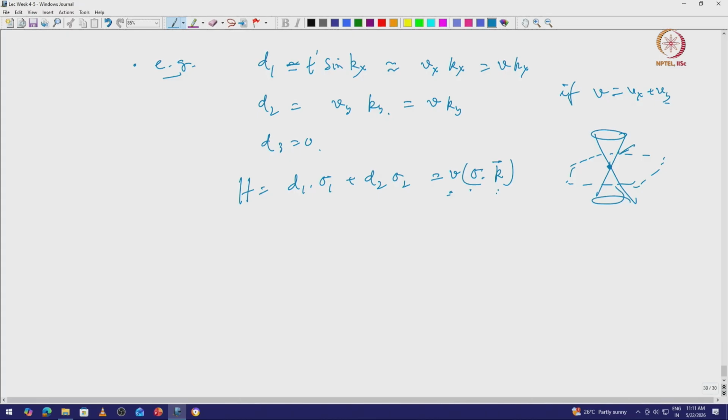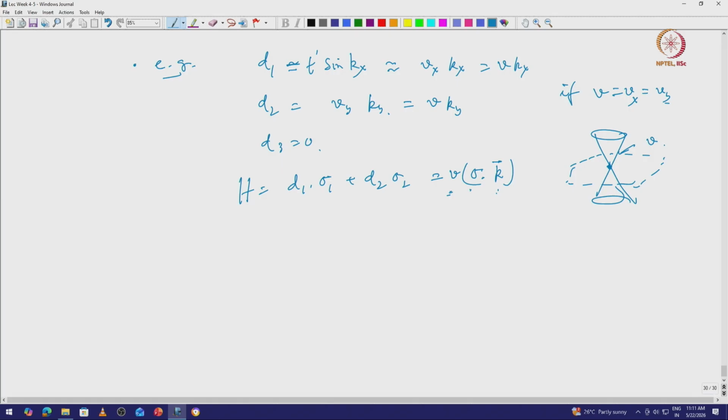And the slope tells you the velocity. You can have an anisotropic one in which Vx and Vy are not the same.